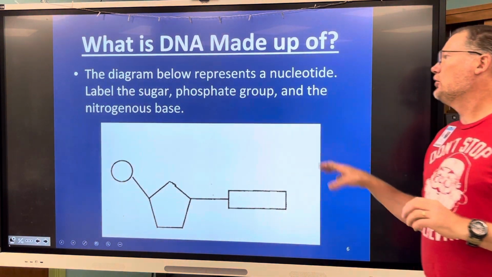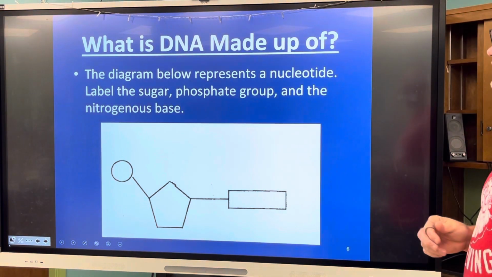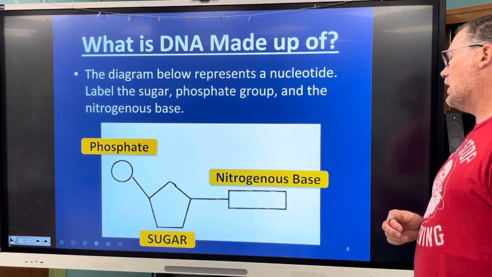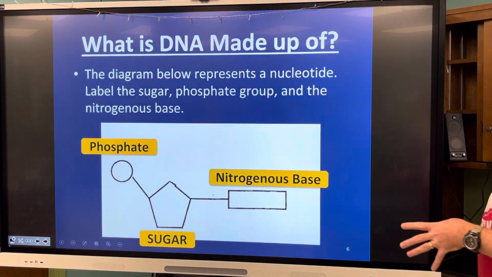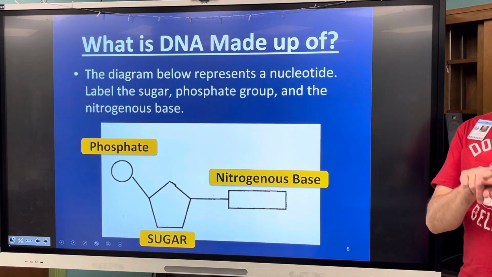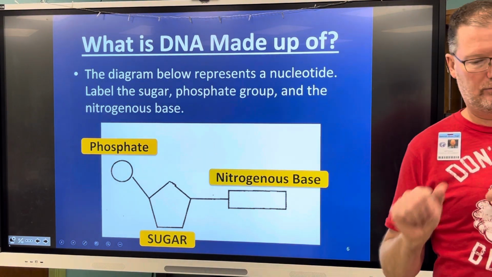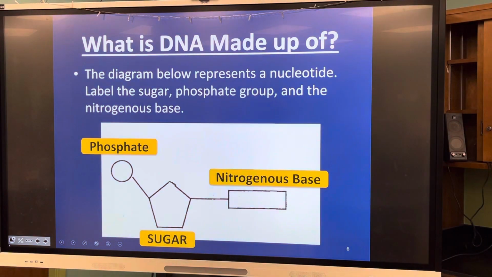So the diagram below represents a nucleotide with the three parts: the sugar, the phosphate group, and the nitrogenous base. So your job is to just label those. You should have known that this was the sugar because sugars have that either hexagonal or pentagonal shape in their chemical molecular structure, okay?